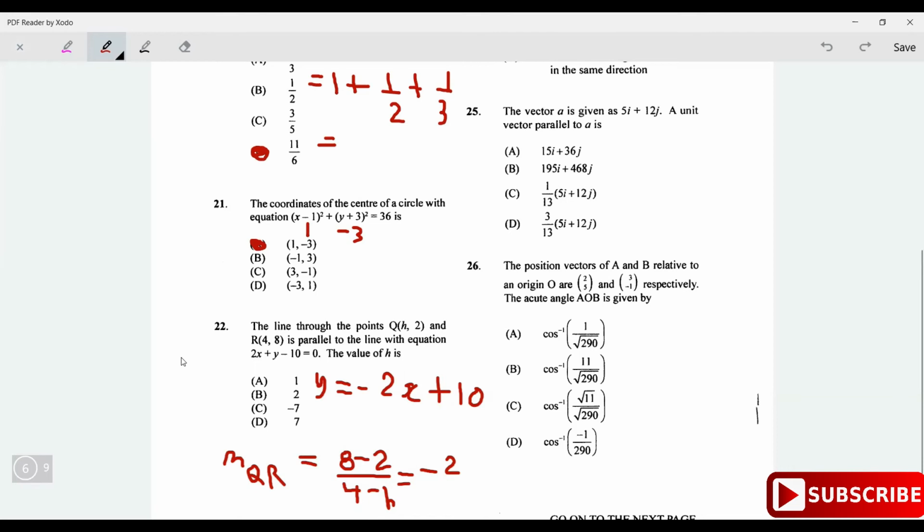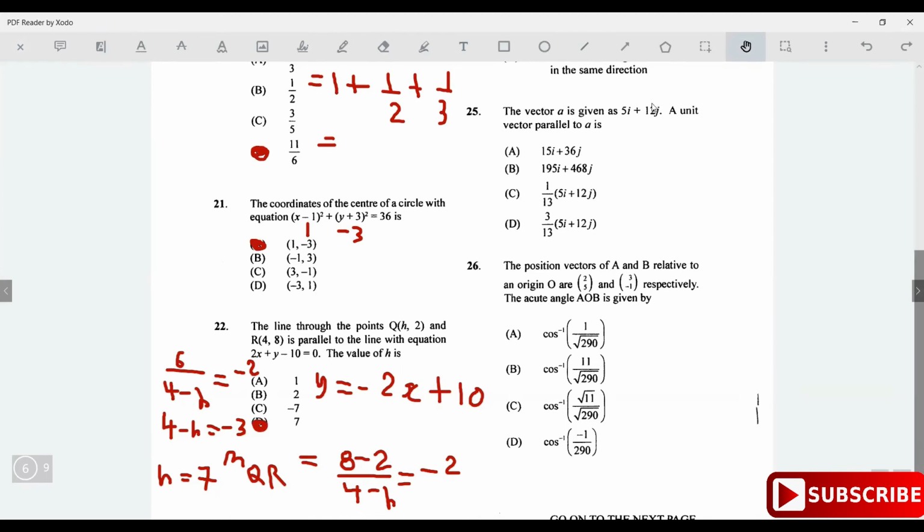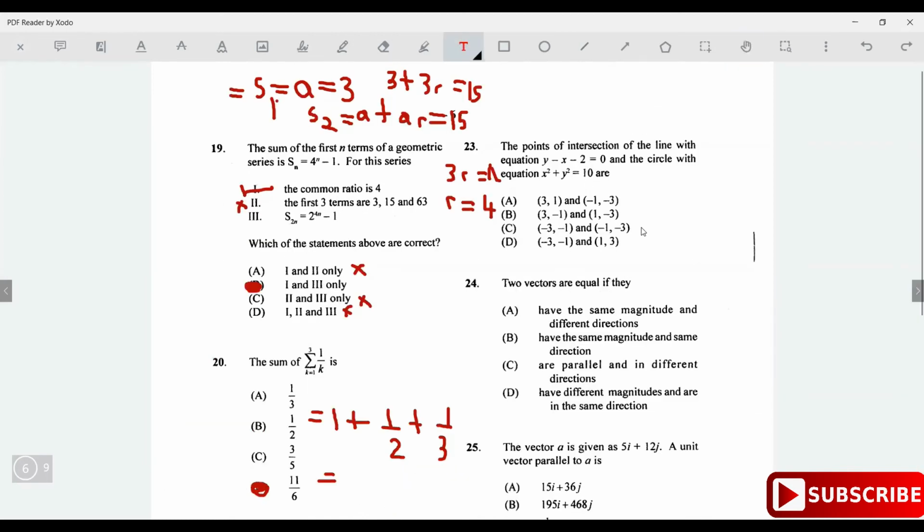So this part simplified to be 6 over 4 minus h equal negative 2. And so what that means is 4 minus h equal negative 3. And if 4 minus h equal negative 3, then h must be 7. H equals 7. Easy question. Soft. Capital T. Nice. Moving right along. All right. Question 23. It says the point of intersection.